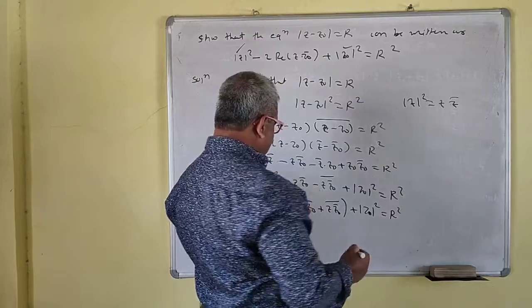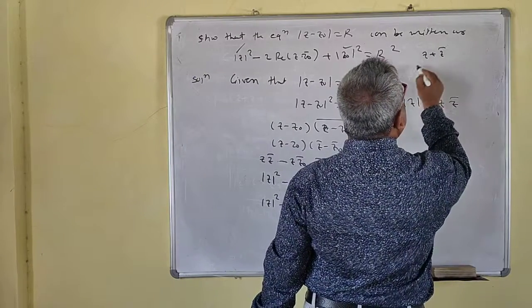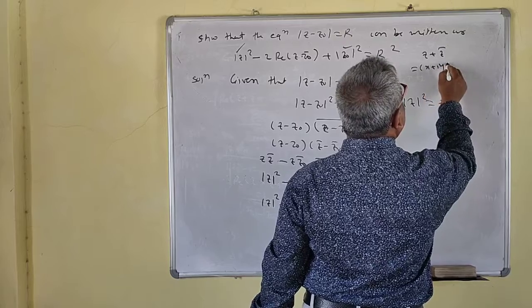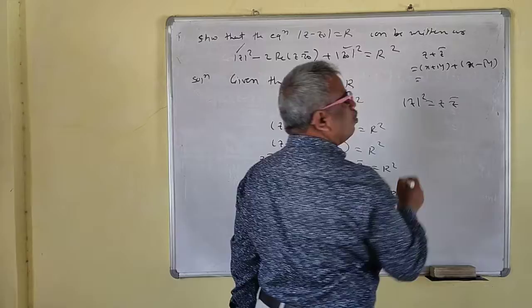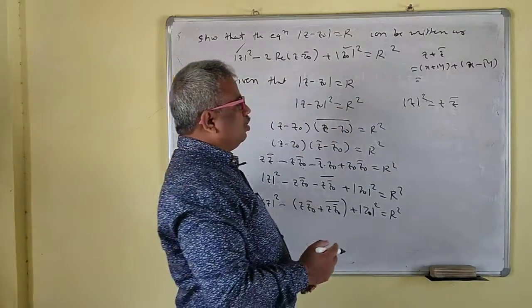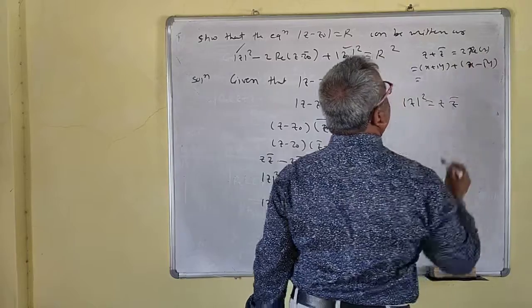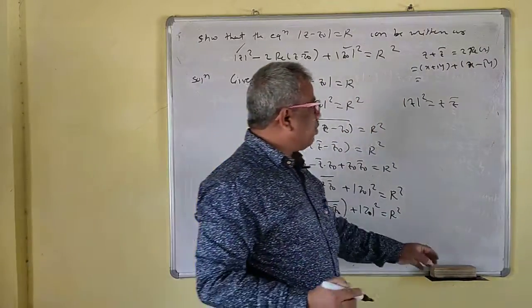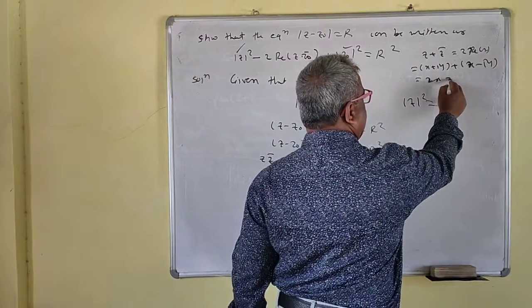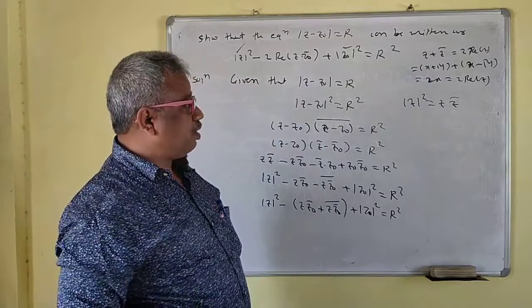Now see, this is your z and this is your z bar. So z plus z bar is x plus iy plus x minus iy, which is twice x, that is 2 times the real part of z. We'll make a formula. So we apply this directly.